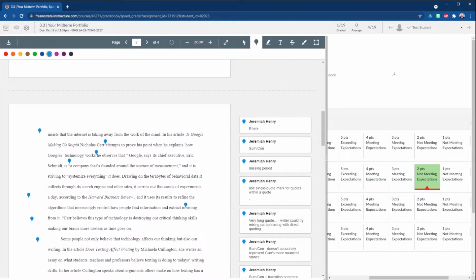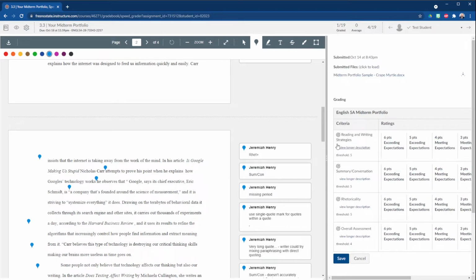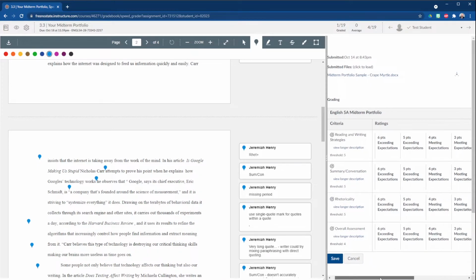I noticed that as I was reading, I really didn't find that much in terms of reading and writing strategies. Just that I was recognizing the reading and writing strategies from They Say, I Say and attributing that to summary conversation.